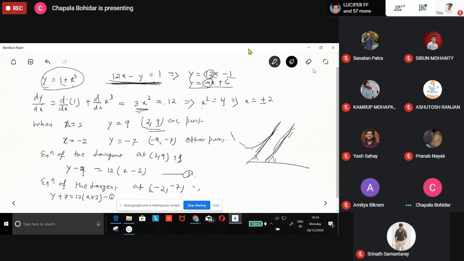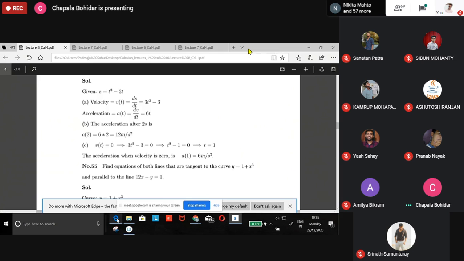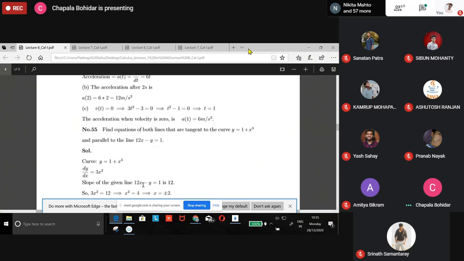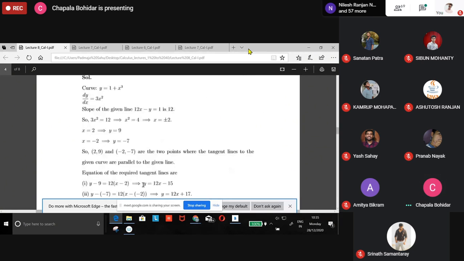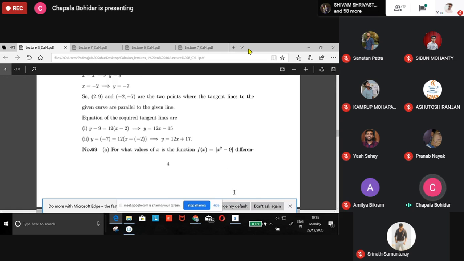Now come to the next question. Question 69: For what values of x is the function f(x) equal to the absolute value of x square minus 9 differentiable?